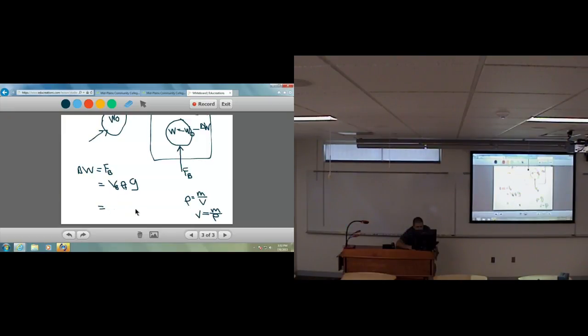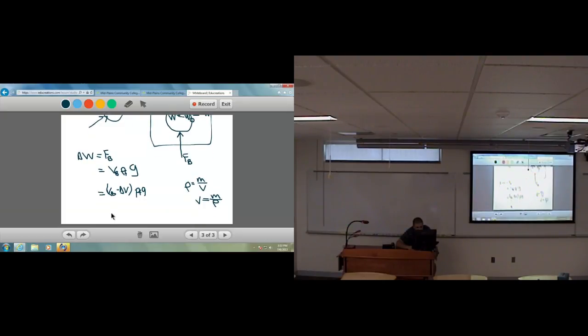We can calculate this whole thing as one. We don't even need to know the mass of the body. This is going to be calculated using what we learned about change in volume. The volume of the body when it's inside the fluid is going to be the original volume minus the change in volume, right? So it'll be volume body minus change in volume of the body, times rho of the formaldehyde times gravity.